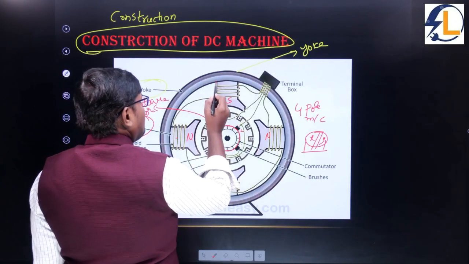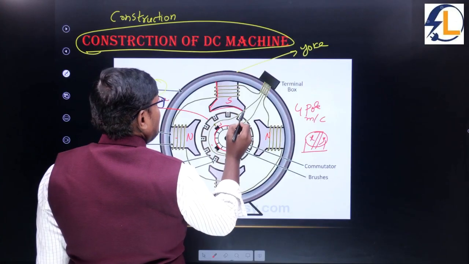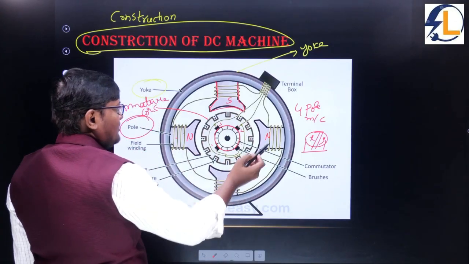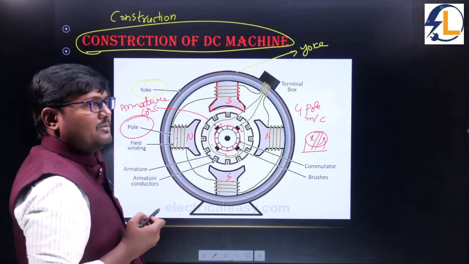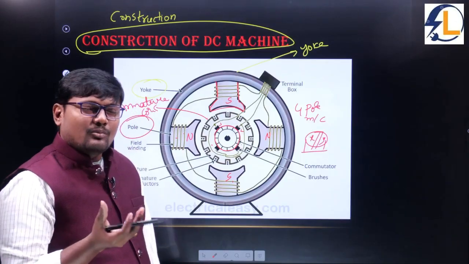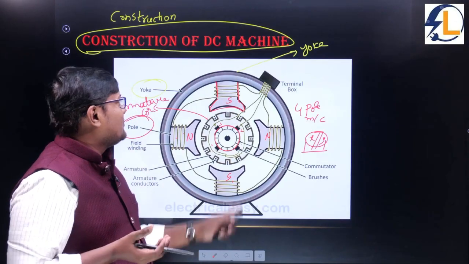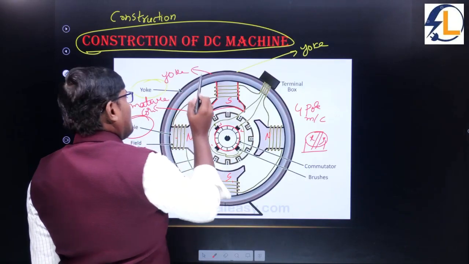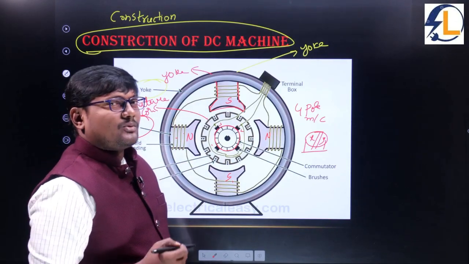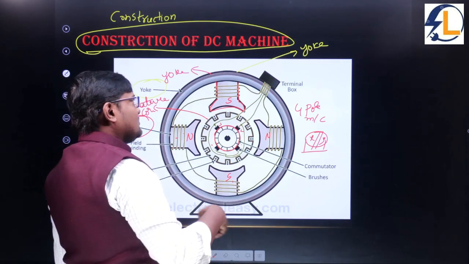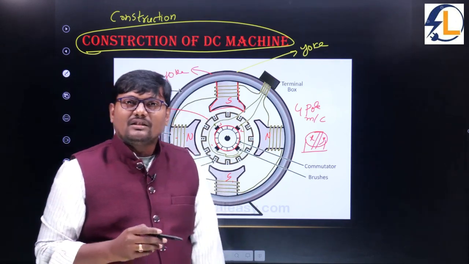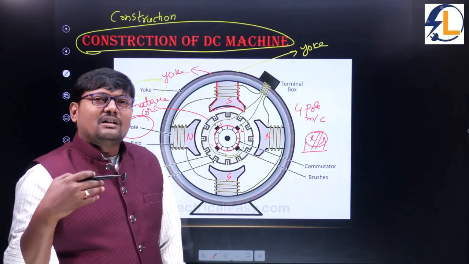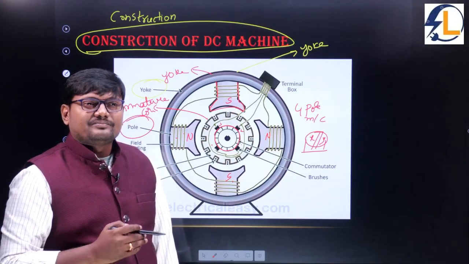This is called the field pole. This one is a field pole, and this is also a field pole, and this is also a field pole, and these field poles are bolted or fitted to the yoke. The yoke acts as a protecting cover for the entire machine, so the insulating material is protected from dust and moisture.